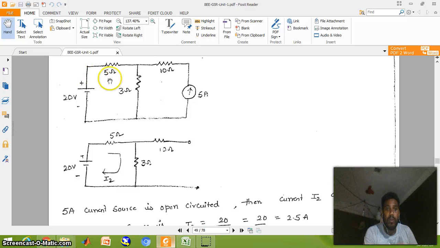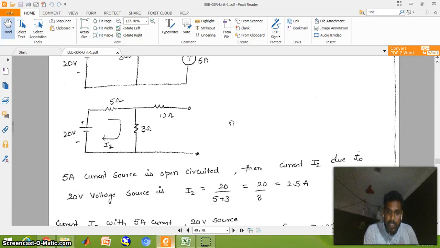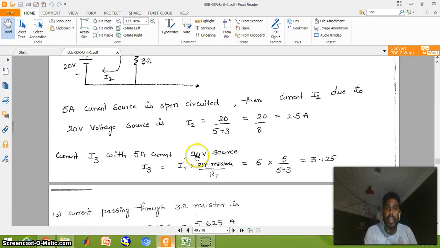Opposite resistance means 5 ohms, by the sum of the resistances, 5 plus 3. So the current through the 3 ohm resistor for the second case is equal to I total, which is 5 amperes, into the opposite resistance. The opposite resistance is the 5 ohms. So 5 by 5 plus 3 into 5 is equal to 3.125.